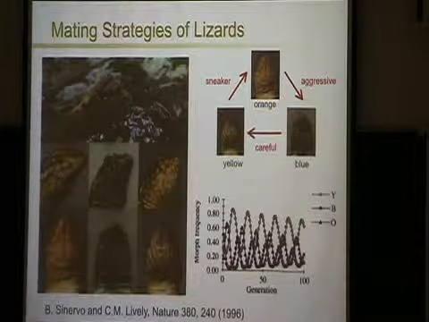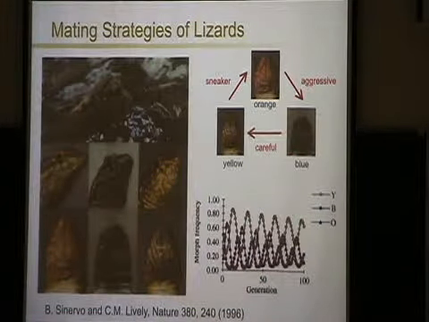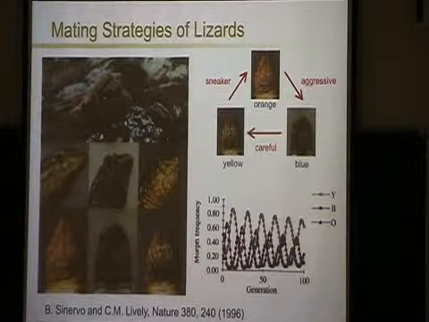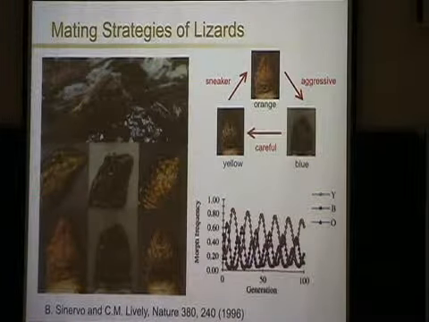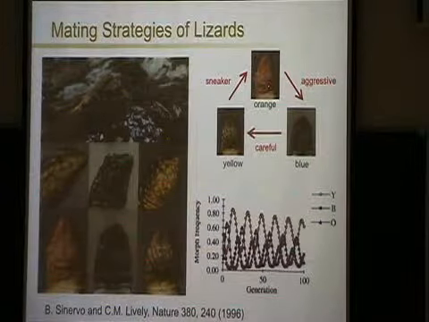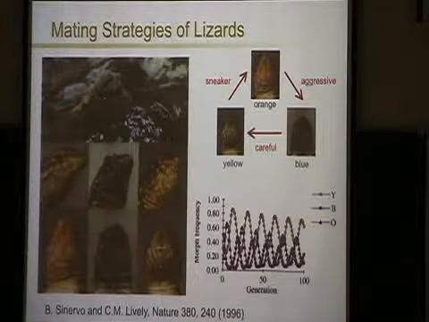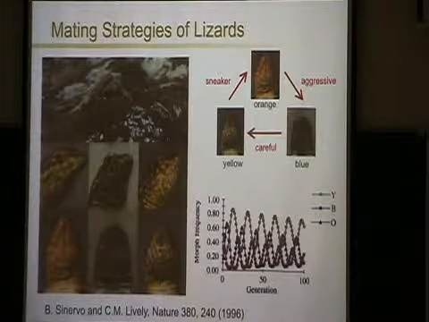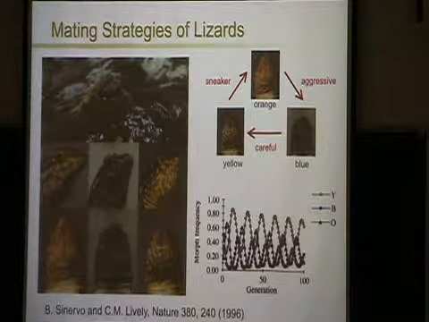But it's mainly the males who have different colors, and the color tells you what kind of strategy they play in finding females. The orange-throated lizards are very aggressive guys. They try to have as many females as possible and have a huge harem.